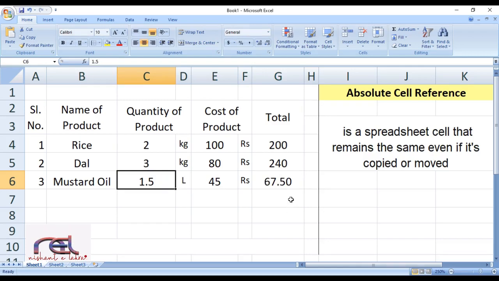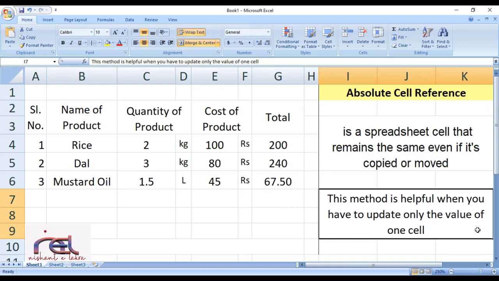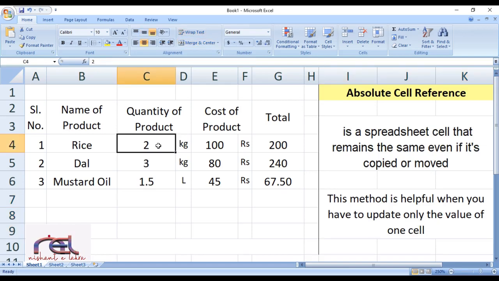45 into 1.5. So this method is helpful when you have to update only the value of one cell. When you have to update the value of only one cell, then we use this method, right? Like the cost of the product is 100 and we have bought 2 kilograms, so it should be multiplied with 100. Now if the quantity of product is 3, then what happens?